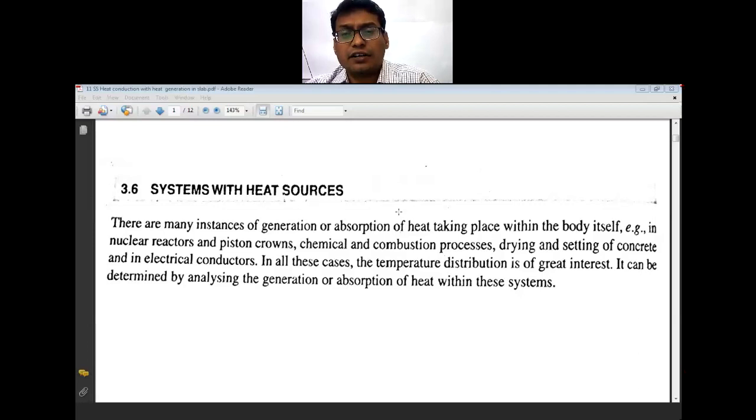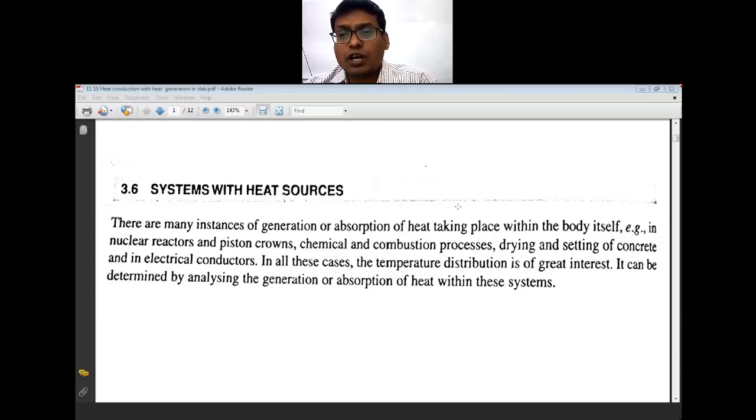In all these cases, the temperature distribution is of great interest, and it can be determined by analyzing the generation or absorption of heat within the system.